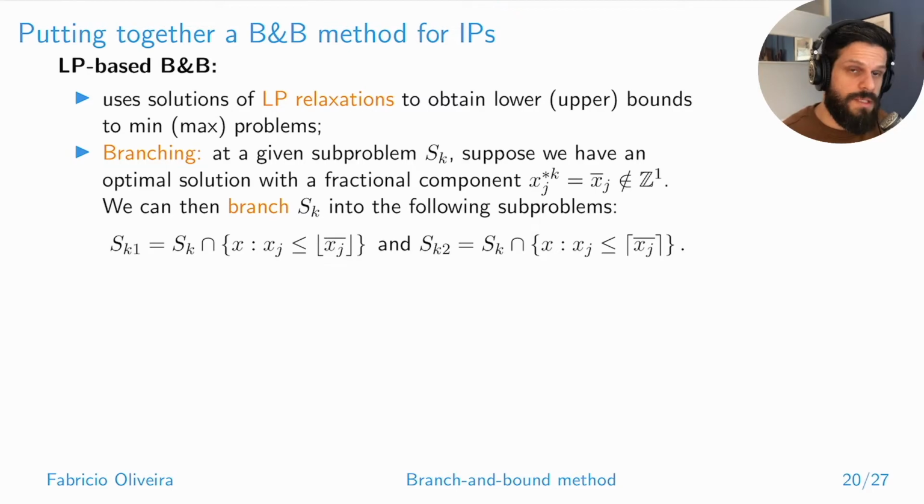You can break your search space into two by saying that you either have to look at a child in which that fractional component is less than or equal to the floor of the value, the round down value of the component. And another one in which it is greater than or equal to the ceiling, or the round up, of that value. It goes like this. Suppose this is our S, where we're trying to find a solution.